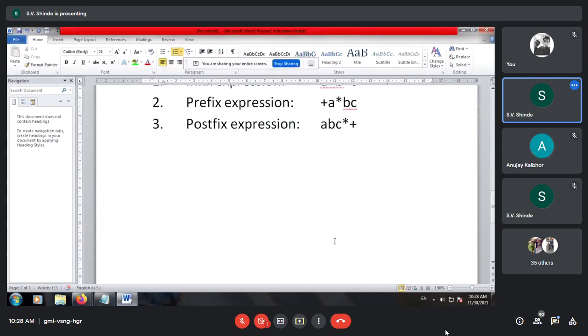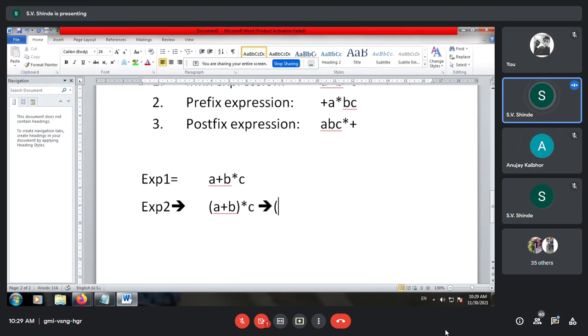Let us study the question. Now we have taken the expression A plus B into C. So this is expression 1. Now one is changed in this way: A plus B in brackets. Try to evaluate its prefix and postfix.